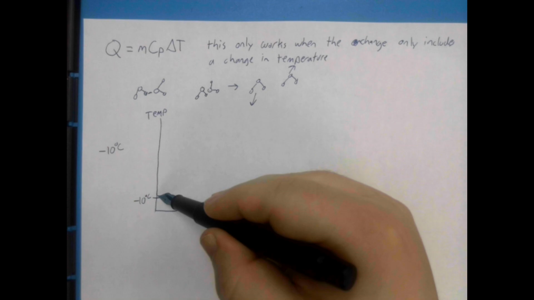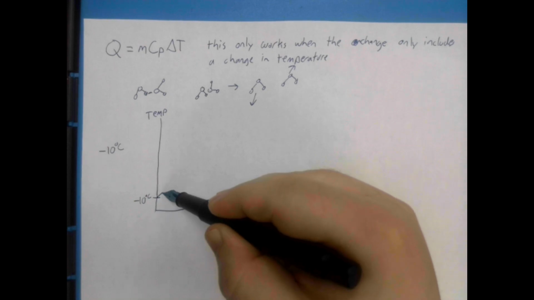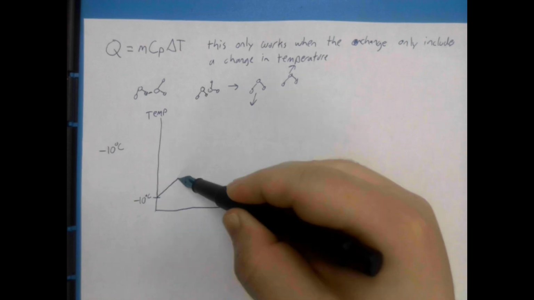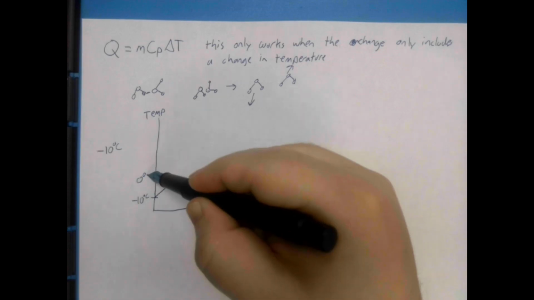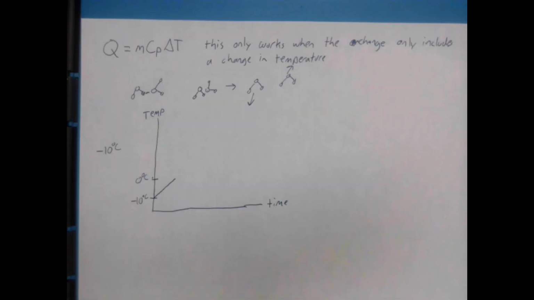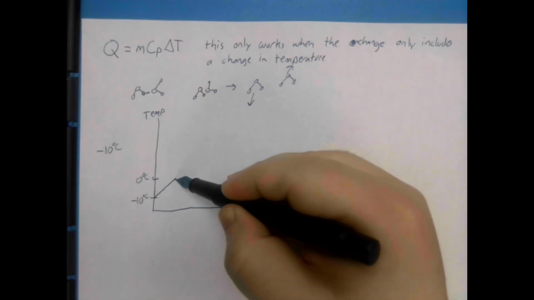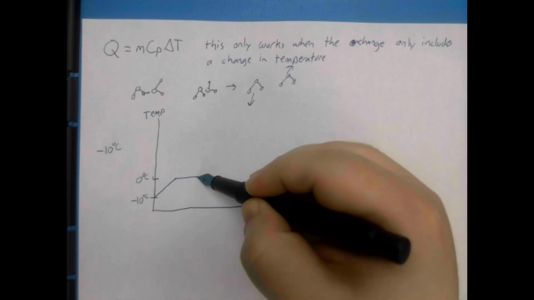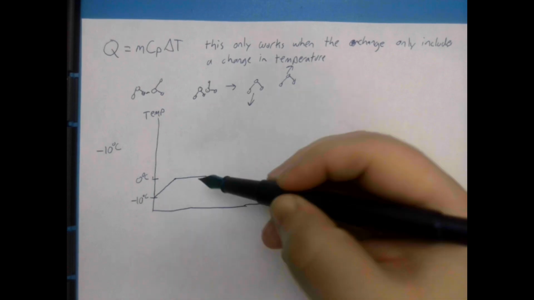What's it going to do? It's going to rise in temperature until it reaches 0 degrees Celsius. Once it reaches 0 degrees Celsius, it begins melting. But when it melts, the temperature doesn't change. So this is during the melting.